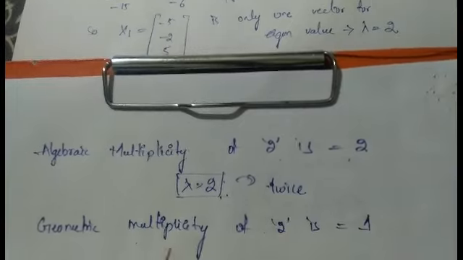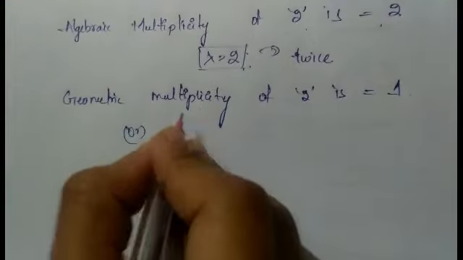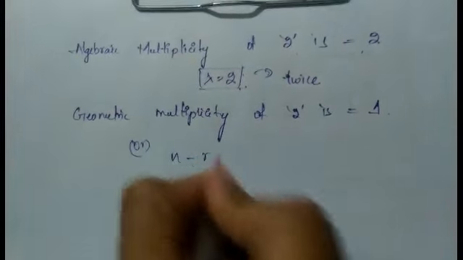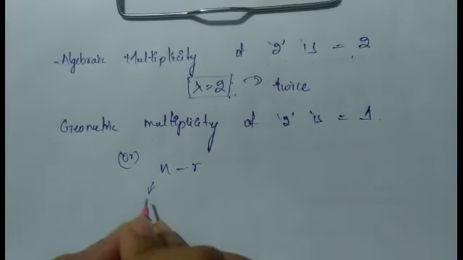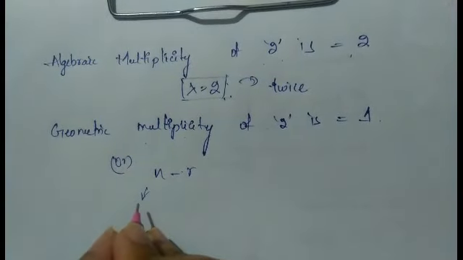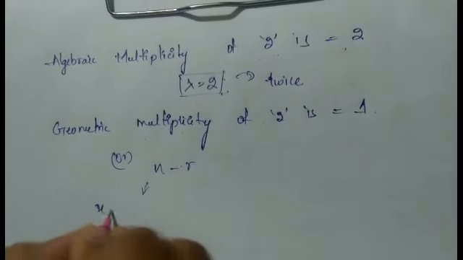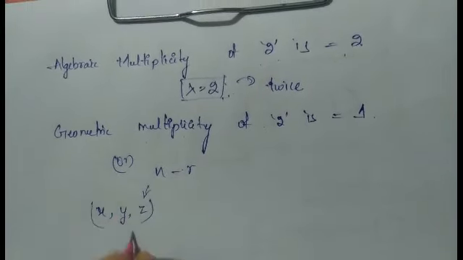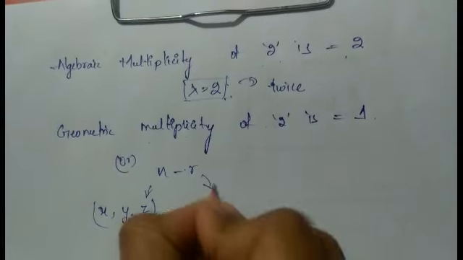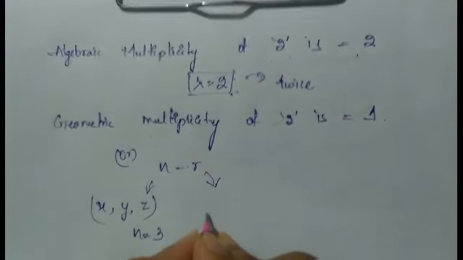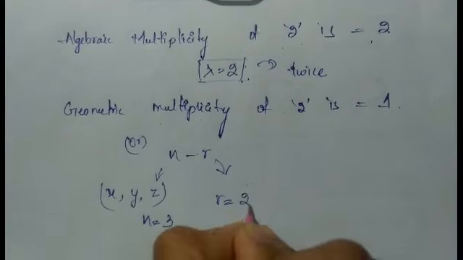Or you can find the geometric multiplicity as n minus r, where n is the order of the matrix, or the number of variables included in the matrix. Here the variables are x, y, z, so n equals 3. You find the rank and you will get r equals to 2.